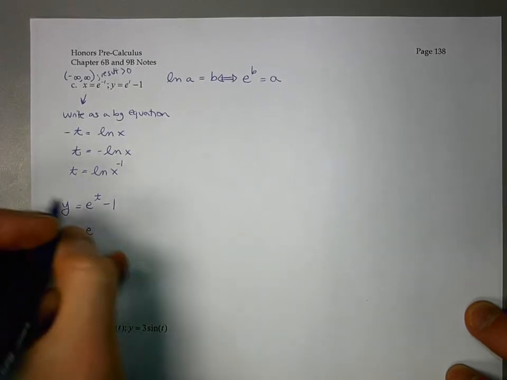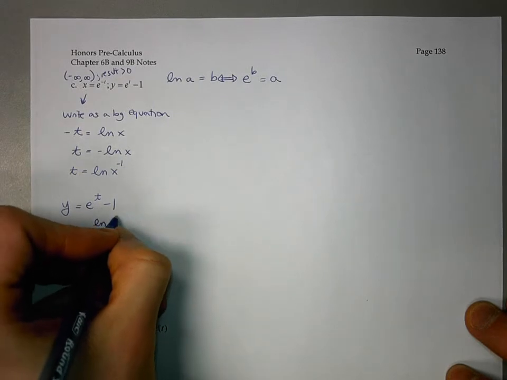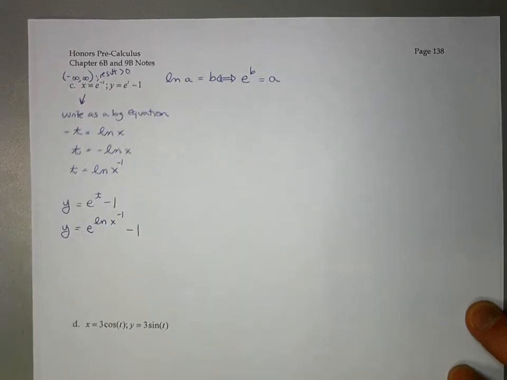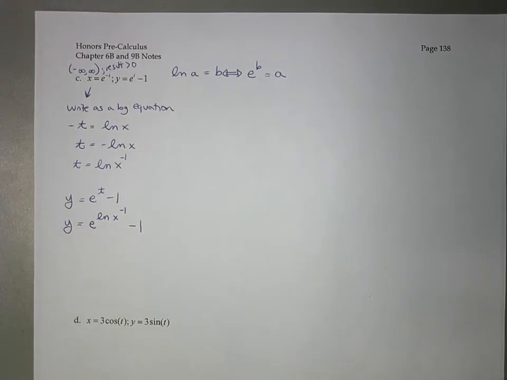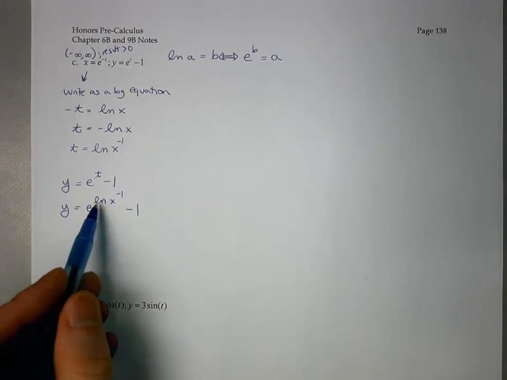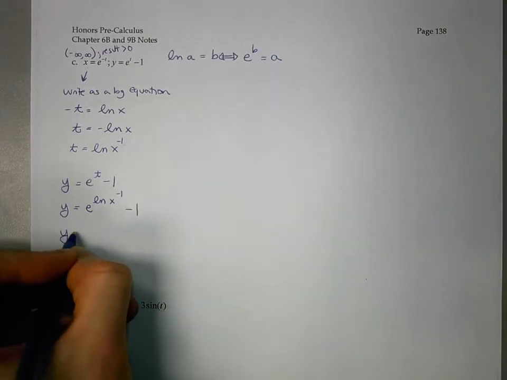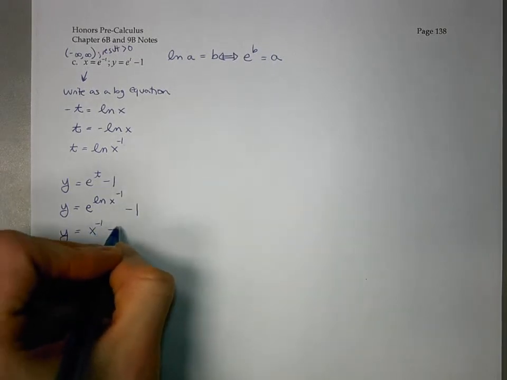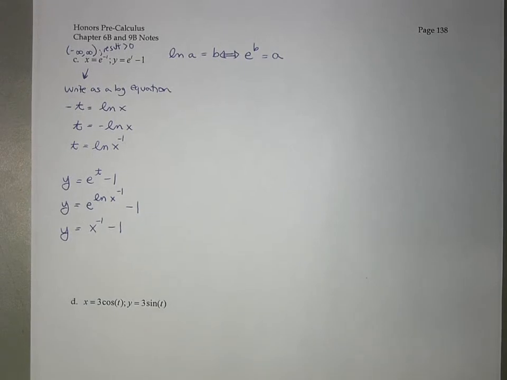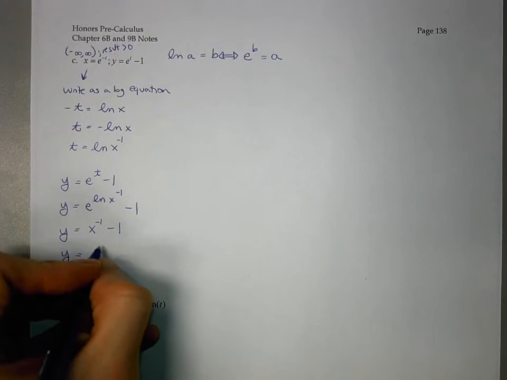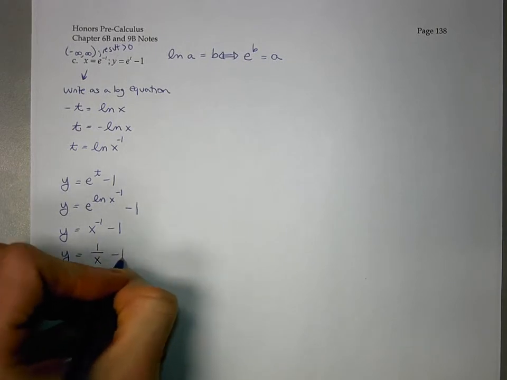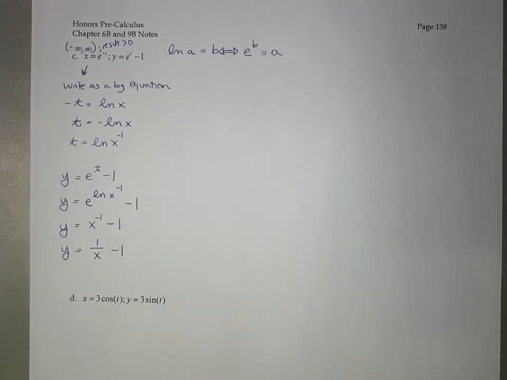I know t is the same thing as ln of x to the minus 1. And I know that e and ln are inverses of each other. So ultimately, those will just cancel out, and I'm going to be left with x raised to the minus 1, minus 1. And that we know simplifies to 1 over x, minus 1.